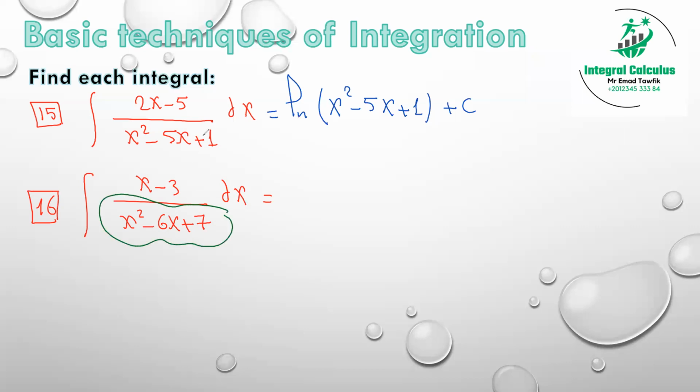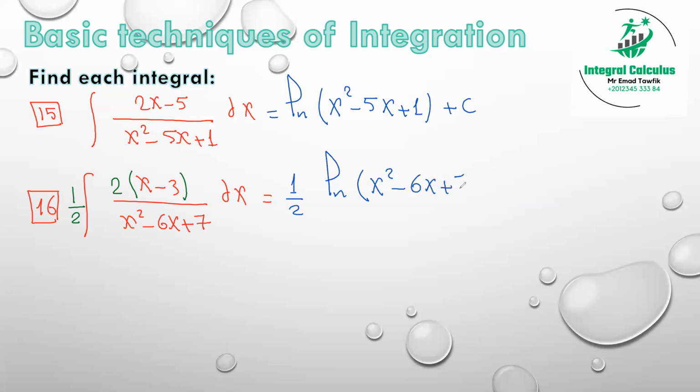My derivative is 2x minus 6, but you don't have 2x minus 6. You get 2x minus 6 if you multiply by 2. Since you multiplied by 2, you have to take half of my integration. So my final answer can be written as half ln of the denominator, x squared minus 6x plus 7, plus c.